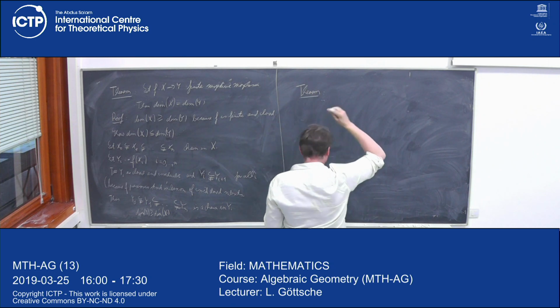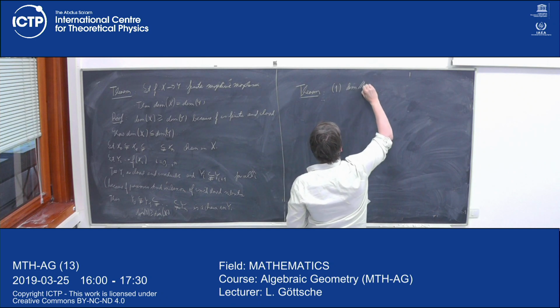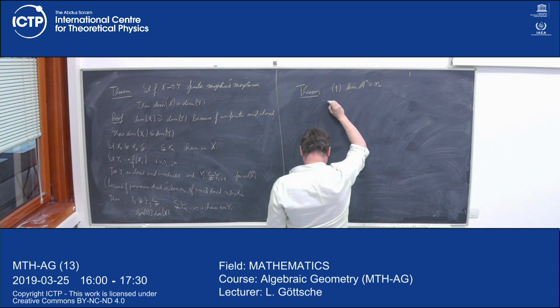We have first: the dimension of A^n is equal to n.